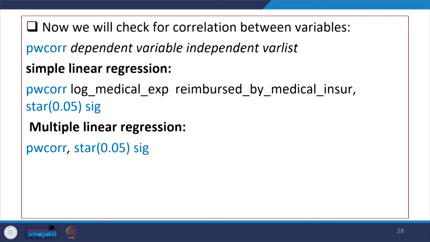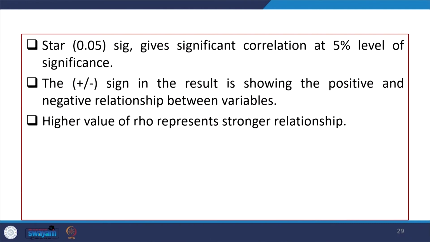Similarly, for multiple linear regression, we can also understand the power of the correlation, basically the level of significance. So you need to just attach this part. In addition to that, comma followed by star with the bracket at 0.05 etc. If you give it, then it will give you the right result. The plus and minus sign indicates the value and their relationship, whether positively related or negatively related. Does a higher value of rho represent a stronger relationship or a weaker relationship?